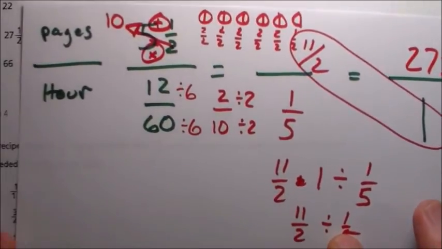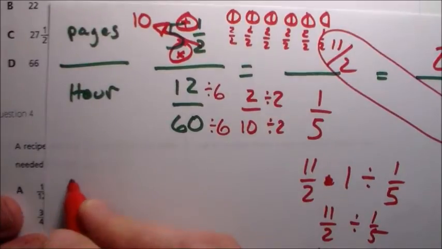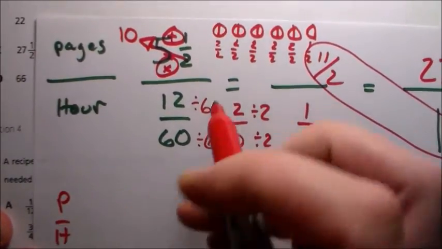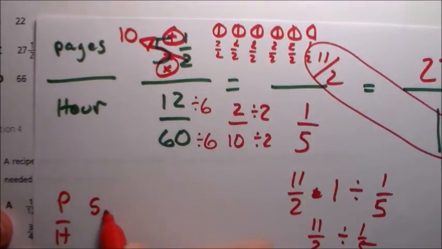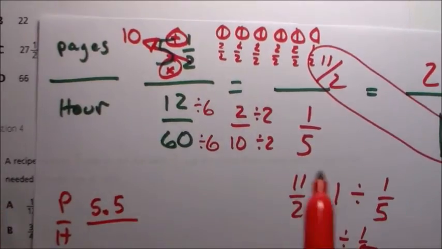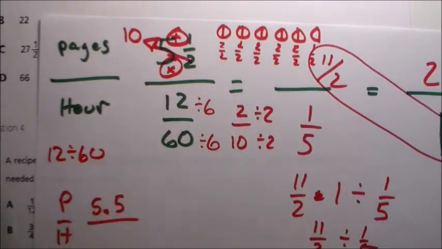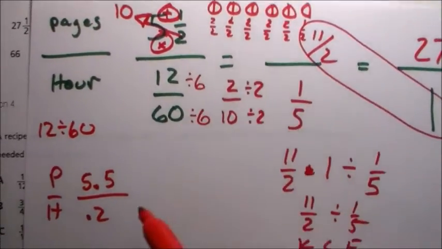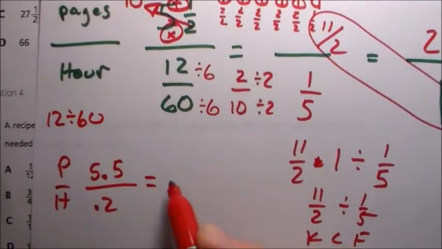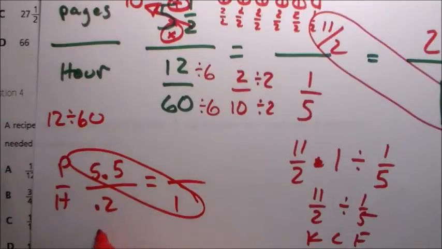Also, it just has to be said, we have pages per hour. We have 5 1/2, which we could just convert to 5.5. And we have 12 divided by 60, which comes out to 0.2. So you can convert these fractions into decimals and then do a little cross multiplication like this: 5.5 times 1 divided by 0.2.